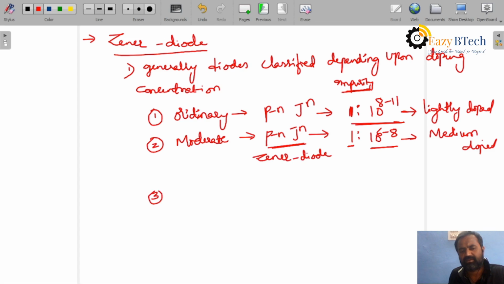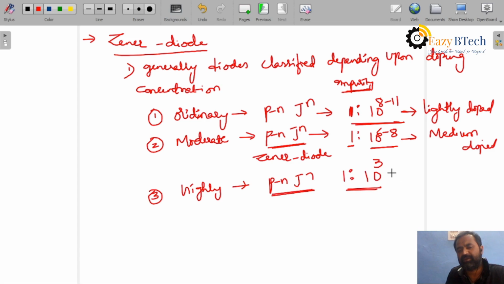Next, highly doped. This PN junction has 1 impurity in 10 power 3. This is heavily doped.